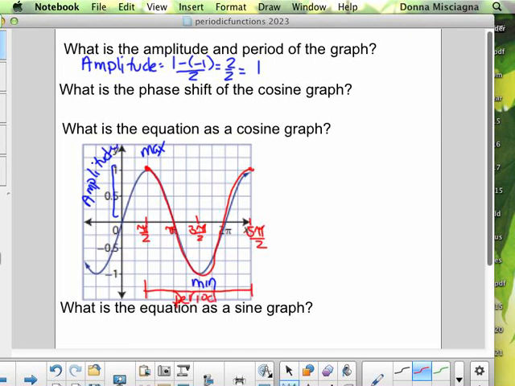When there's a shift, it's easier to calculate the period by subtracting the end of the period minus the beginning of the period. So the period is 5 pi halves minus pi halves, which is 4 pi halves, which is 2 pi.